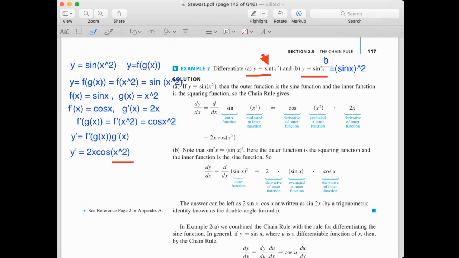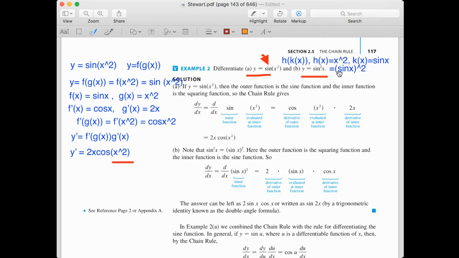So in this case, we want to write it as h of k of x. So what's h? H takes the input, then squares it. It's the outside layer. And what's k? The inside layer. K takes the input and makes a sine.